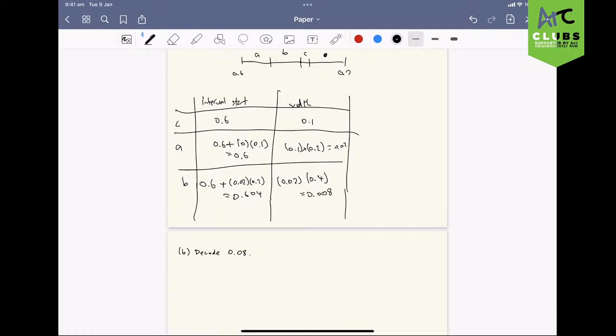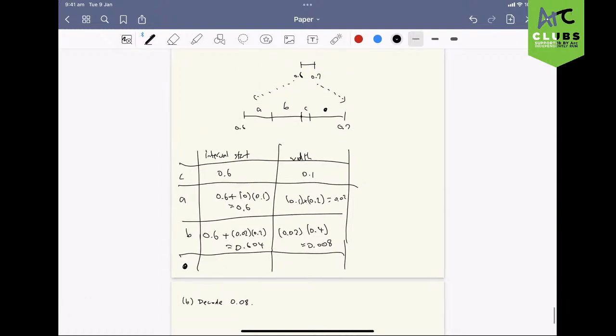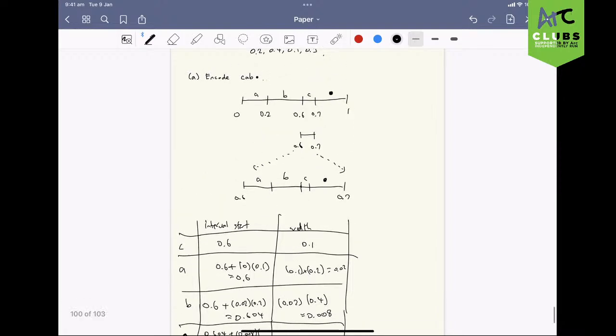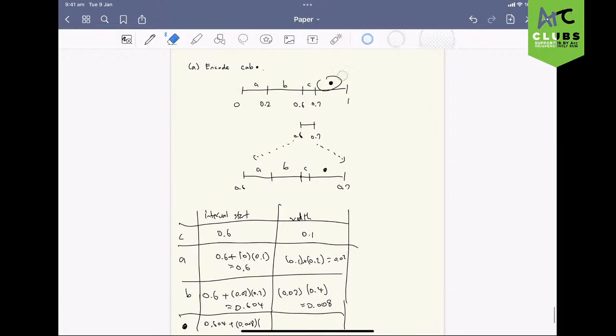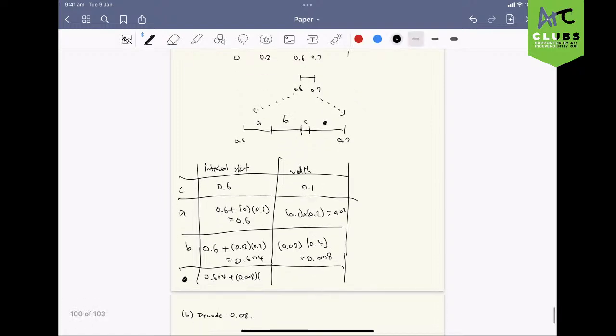And finally, the stop symbol. It's going to be the previous interval start position plus the previous width, 0.008, times the start position of the stop symbol interval here, so 0.7.